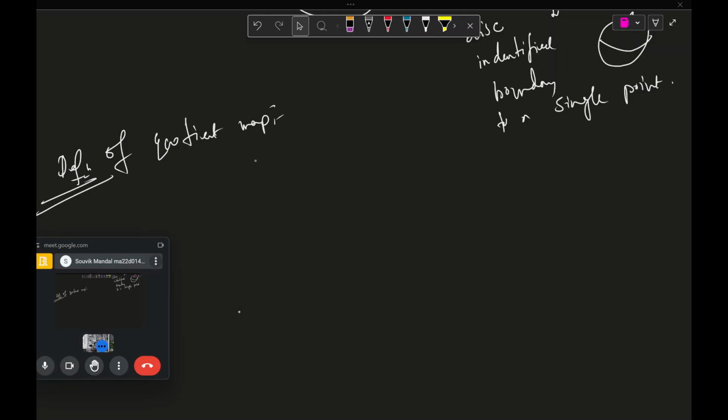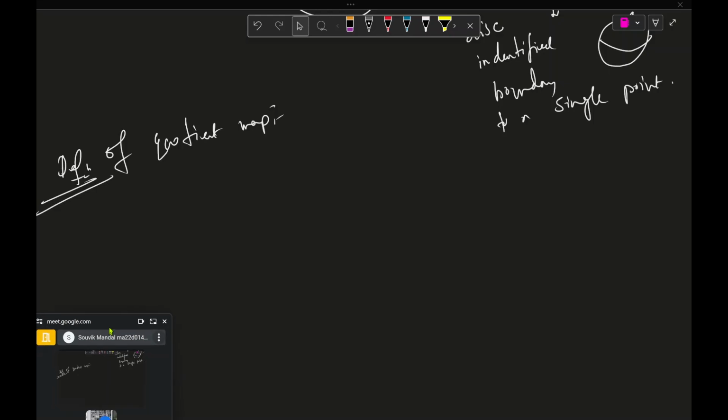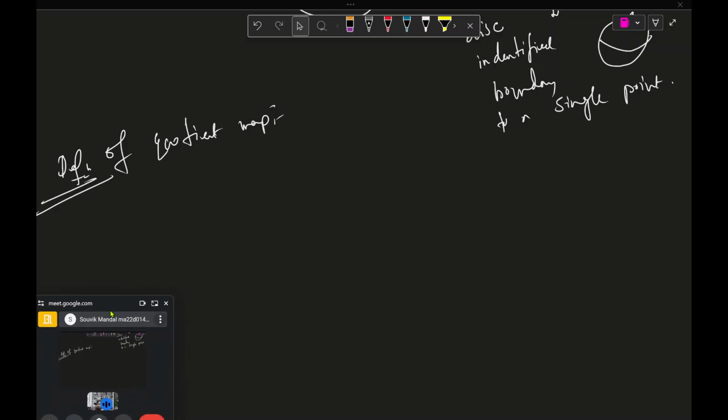Okay. So let's get to the definition of the quotient. So what does it mean by a quotient? Sorry, just wait a minute, please.